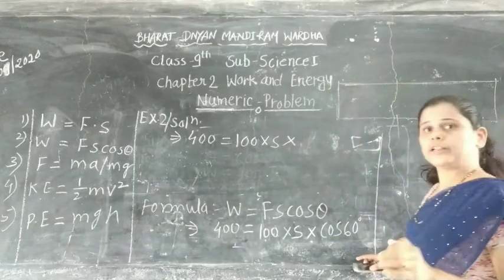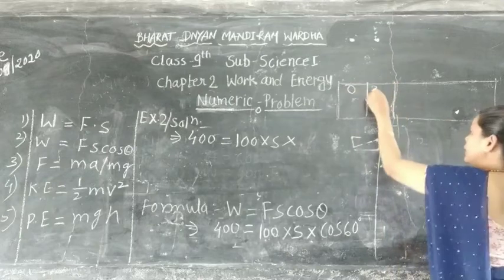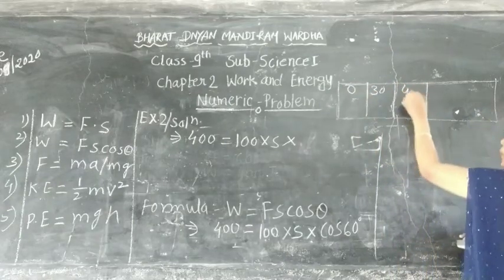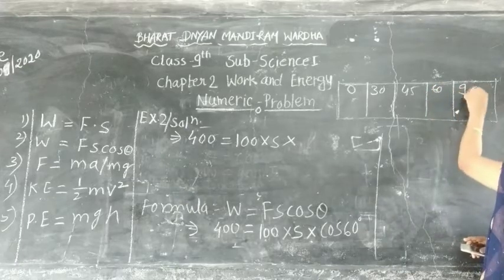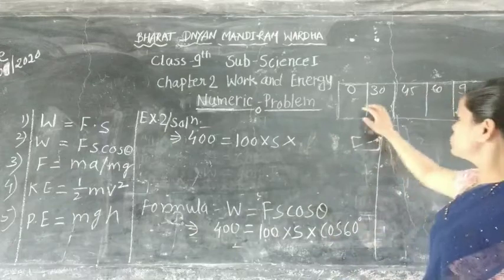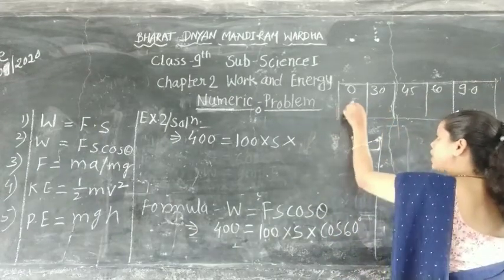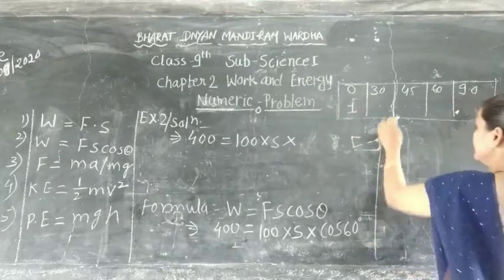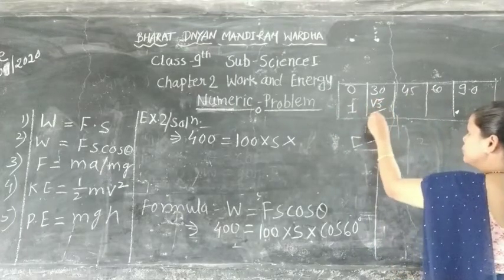You should learn all these values of cos 0, 30, then 45, then 60, and then 90. You know all these values of cos. So cos 0 is 1. Then cos 30 is root 3 upon 2.